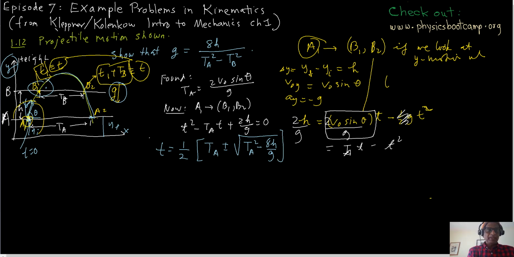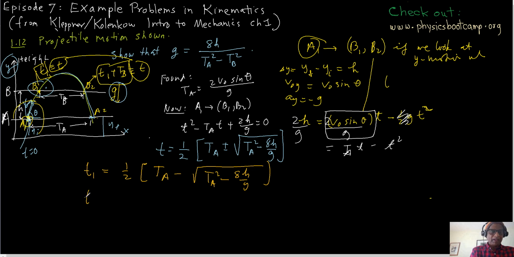So we're going to get a t1 and t1 plus tb. So you can see from here that t1 should be half ta minus square root of ta squared minus 8h over g, and t1 plus tb should be the same thing with a plus here, like that, right?